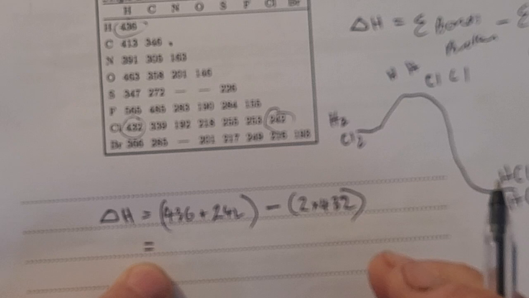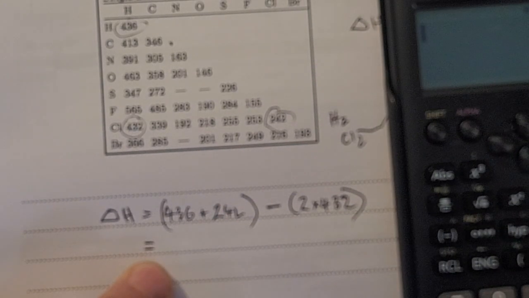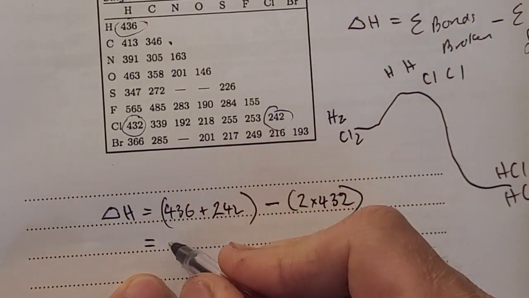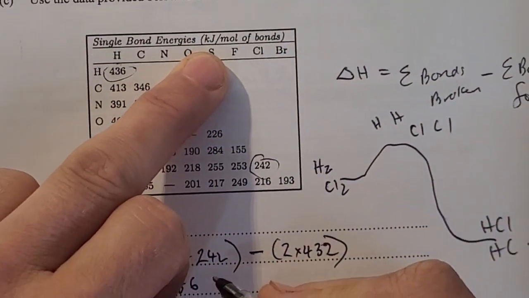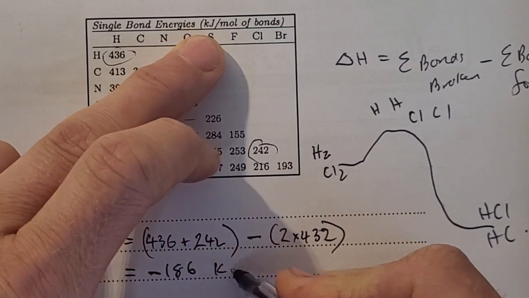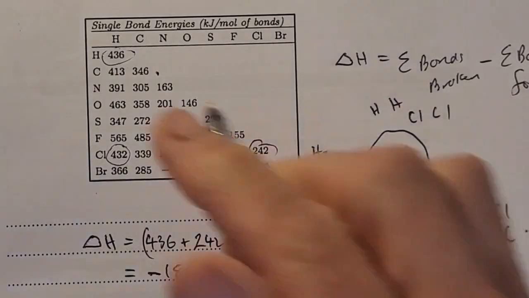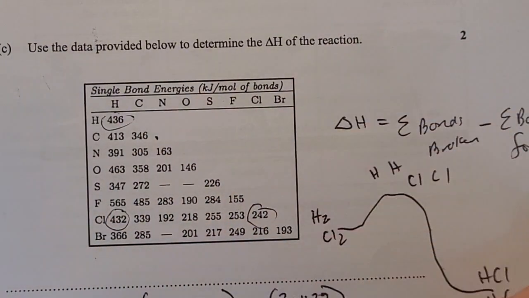So 436 plus 242 minus 2 lots of 431 gives 186. Look at the units, kilojoules per mole. Just check what else we need. Okay, that's good.